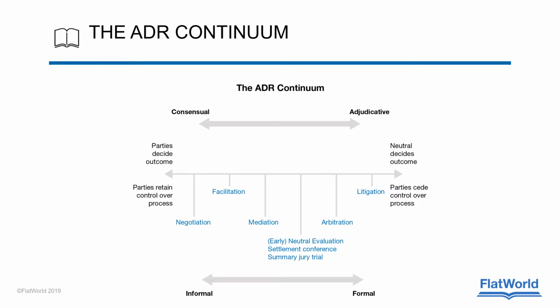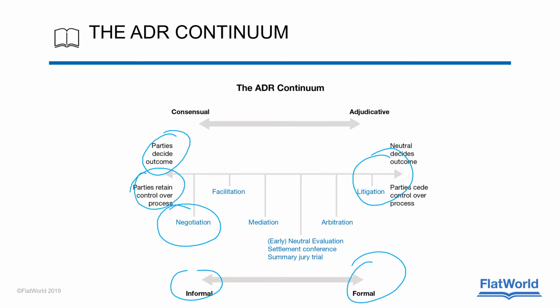So here's the ADR continuum, and this is a nice way to look at the spread between, let's say, informal negotiation on one side to the more formal and more strict litigation on the other side. Here, parties decide the outcome and they retain control over the process. On the other side, they are under the control of the courts, so they cede control to the jury and the judge.